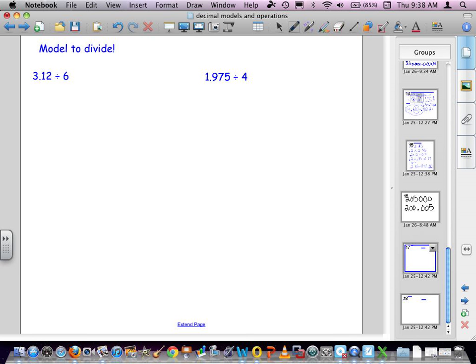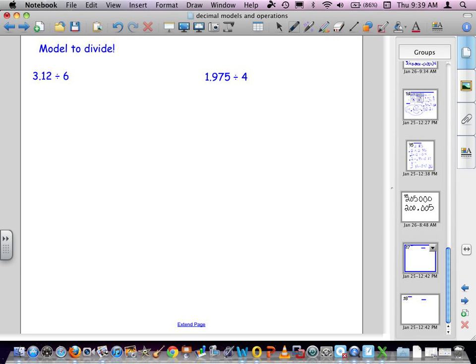If I say 3.12 divided by 6, do you think I mean make sets of 6 out of 3 and 12/100? Would it be easier to think of taking 3 and 12/100 and breaking it into 6 equal groups? Yeah, easier than making sets of 6, isn't it? Okay, so I could break that into 6 equal groups.